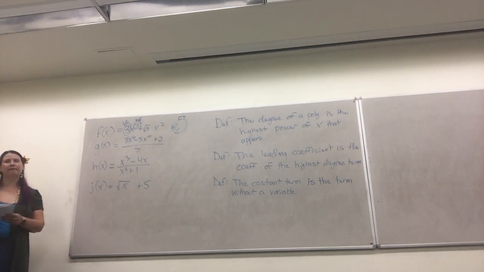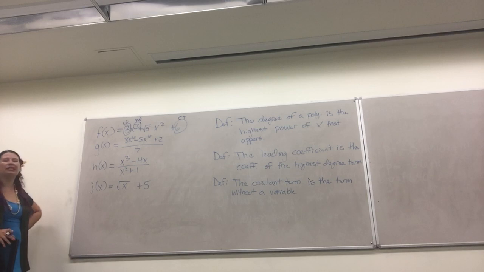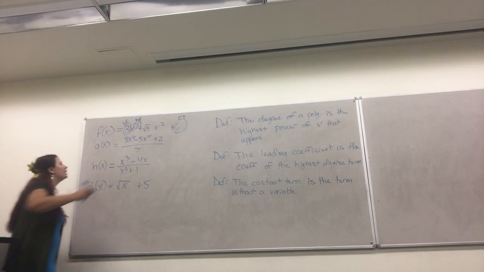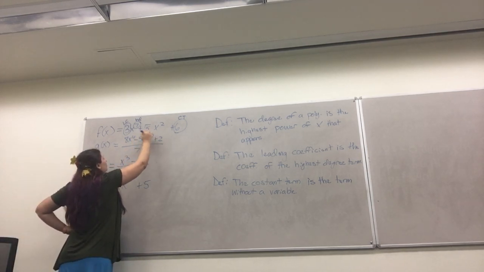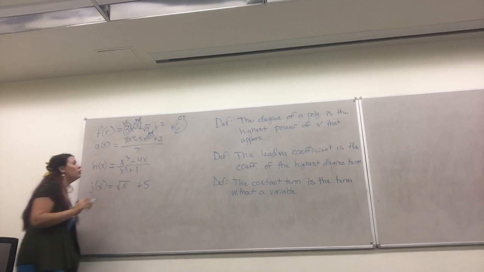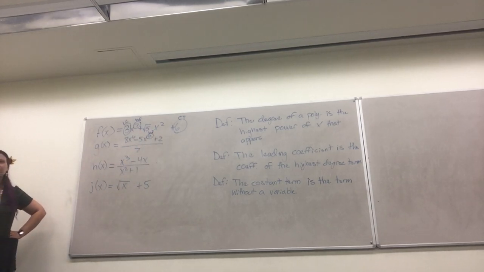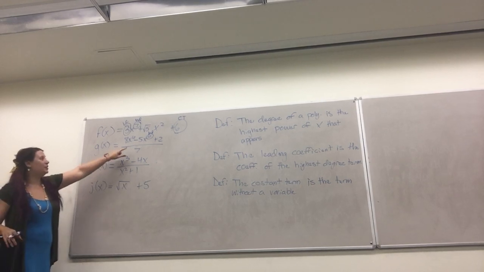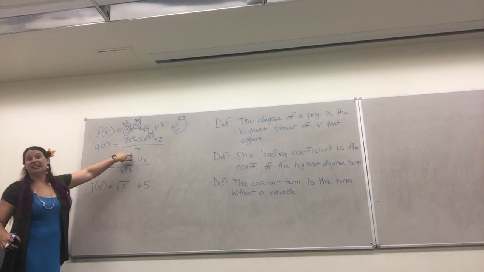Okay? Then let's do g. What is the degree of the polynomial? 10. It doesn't have to be in the first term. So that's the highest degree. What's the leading coefficient then? It's a trick question. Don't forget about the dividing 7.